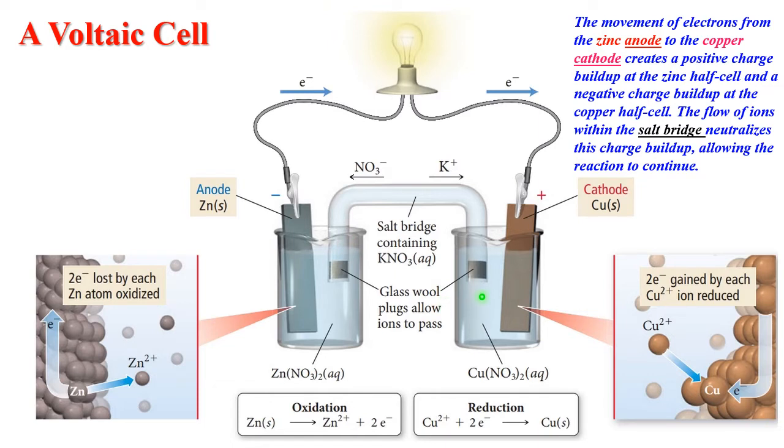So we have a full electrical circuit. Electrons will travel from here to there and ions will travel in this direction. Negatives here, positives there. As a result, we have a cell with some voltage between these two electrodes.